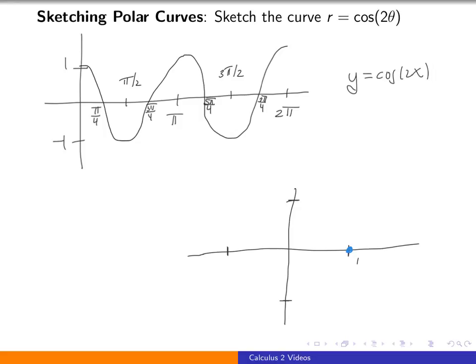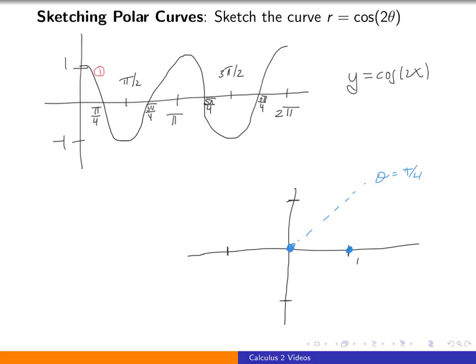And when you get to theta equals pi over 4, your r value has shrunk down to 0. So this point at the origin corresponds to r being 0 and theta being pi over 4.